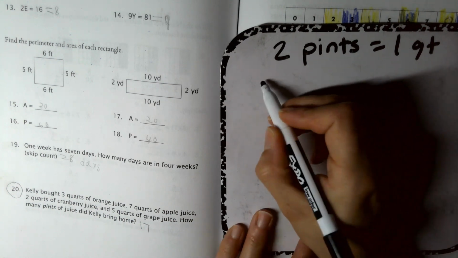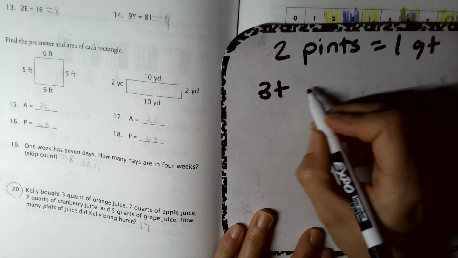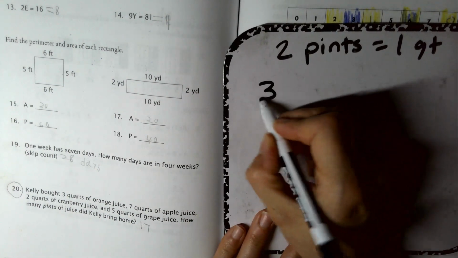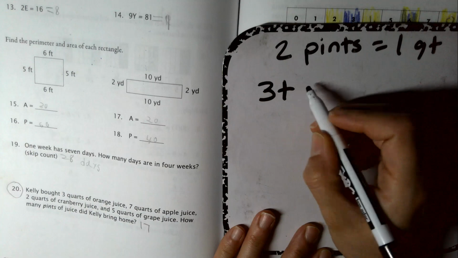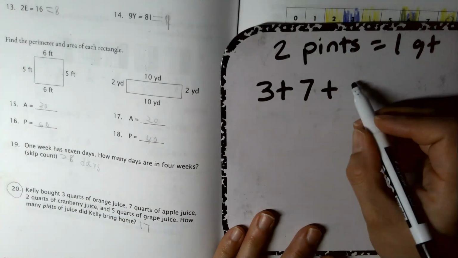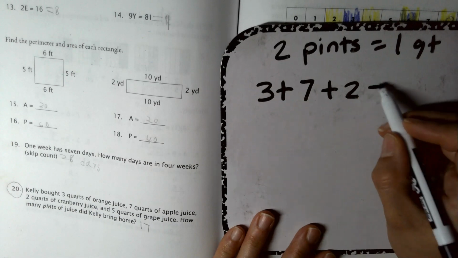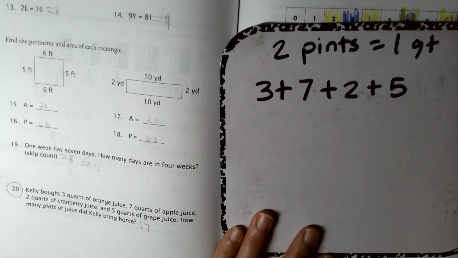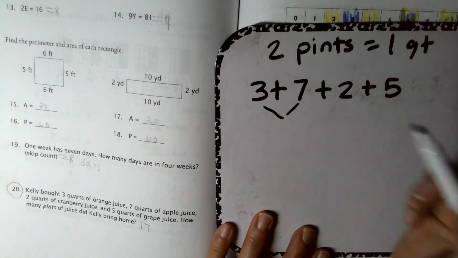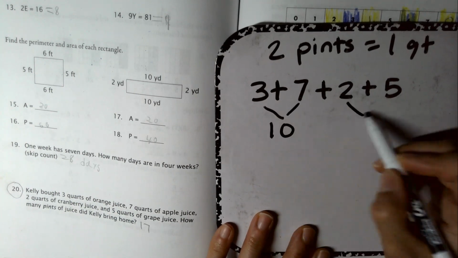So we have 3 plus 7 apple juices, plus 2 cranberries, plus 5 grape juices. And as you know, this is my style. I like to just add them this way.